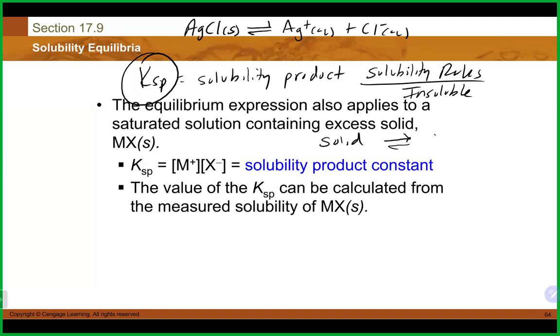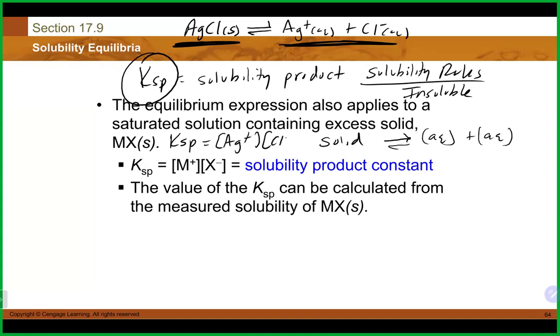And always on the product side, you have aqueous ions. Aqueous ions, solid on the left. And when you write the KSP expression, we do products over reactants, but we do not include solids. So the KSP is always just the product side, which for this would be silver times chloride, as once again, we do not include the solid in this case.